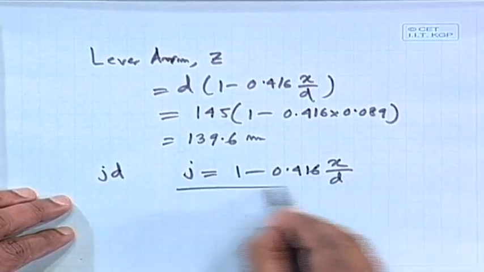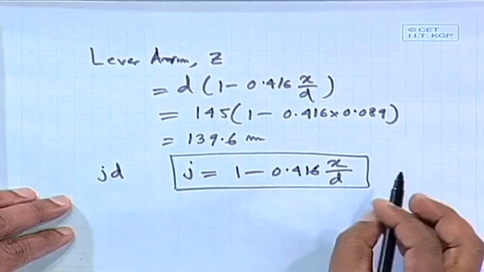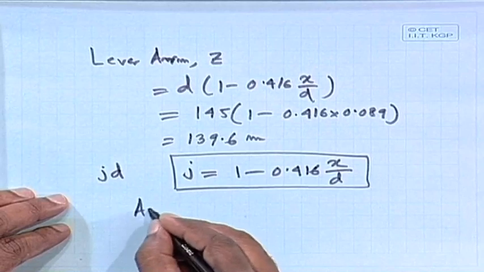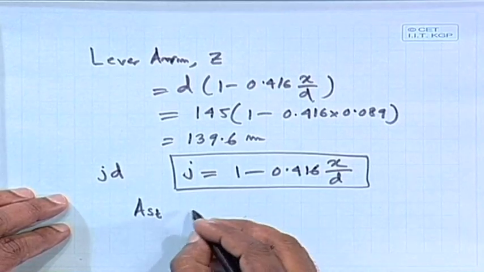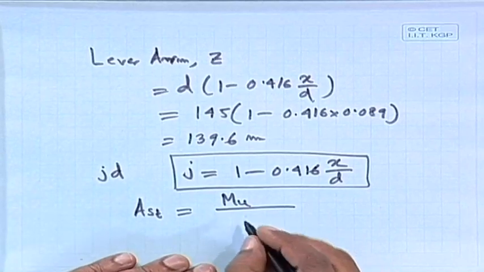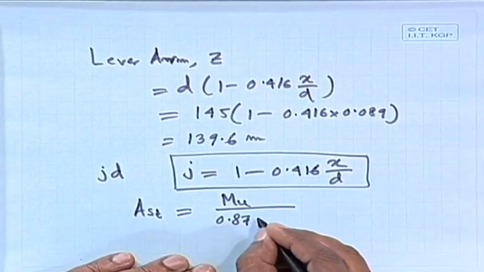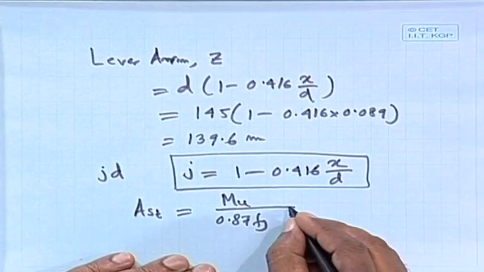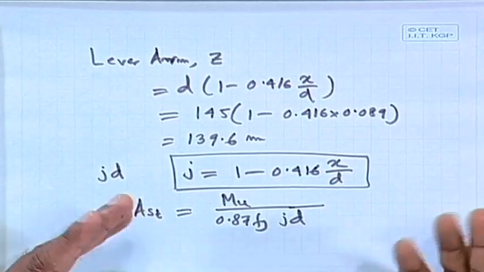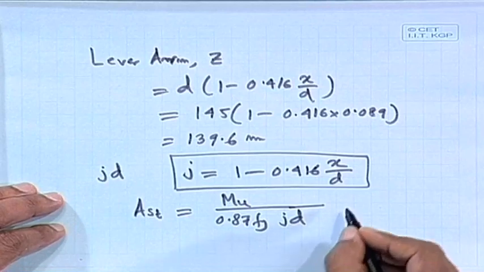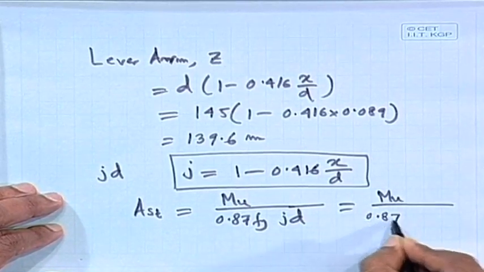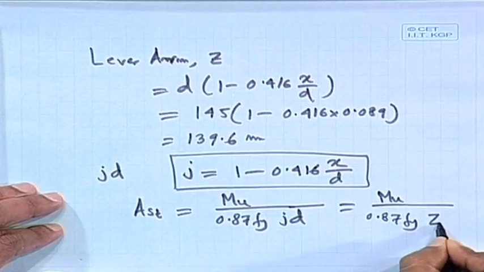In the other way, I can write these equations in a similar fashion: Ast equals Mu by 0.87 Fy, that is the stress, times JD. JD is nothing but the lever arm also.